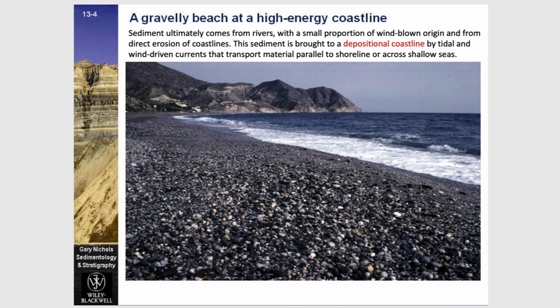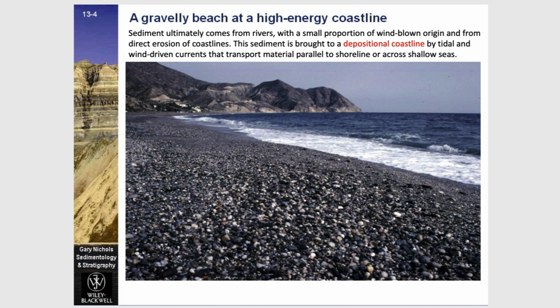Okay, if we now review some of the examples, we have a gravelly beach here. Many times the action of the waves is repeated over time. It's very cyclical. Of course, in this case we have convergence of tidal movements with wave action, but in some of the dissipative coastlines the waves have a leading action in the sorting of materials.